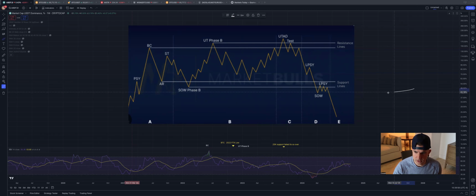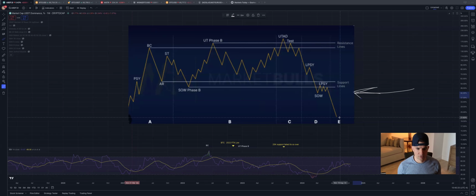The closer we are to this area, this sign of weakness, this check back to the last point of supply, this bear flag type structure that you see, the closer we are to the end of that, the closer we are to the final leg of this distribution down. That then would correlate with money flowing out of stable coins, the final rush into the crypto ecosystem for a final expansive move, however long that takes.